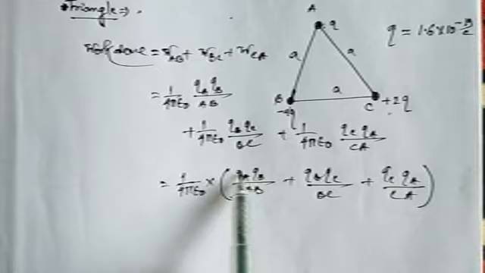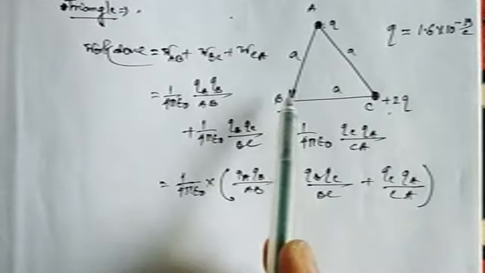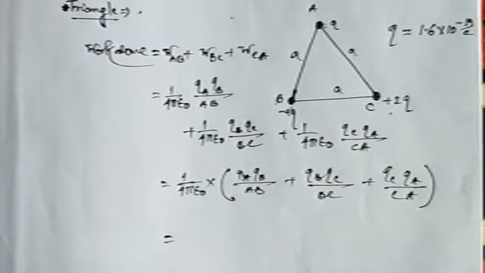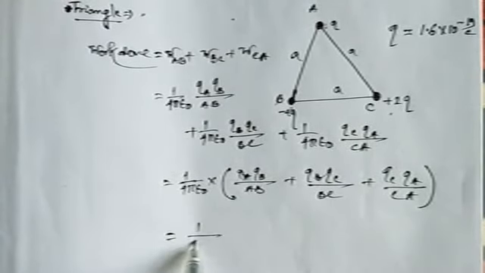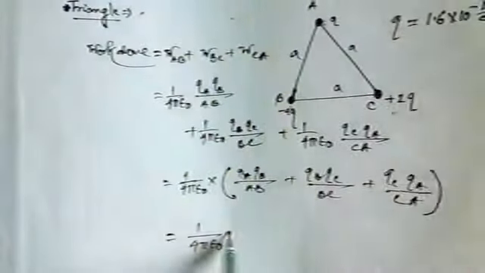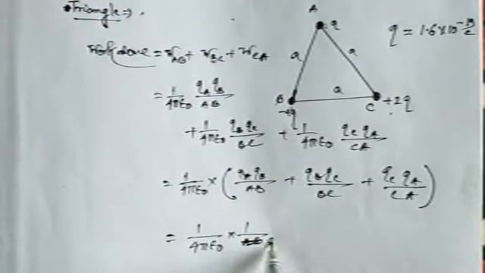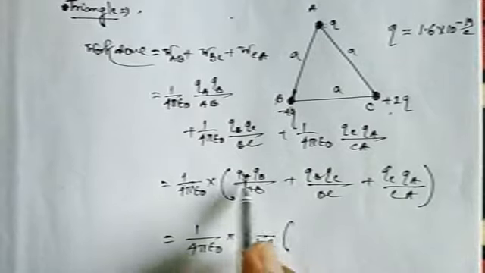Now the values of QA QB are known, and the values of AB, BC and CA are also known. Here in this case we can write 1 by 4 pi epsilon naught into 1 by A, within bracket QA QB.